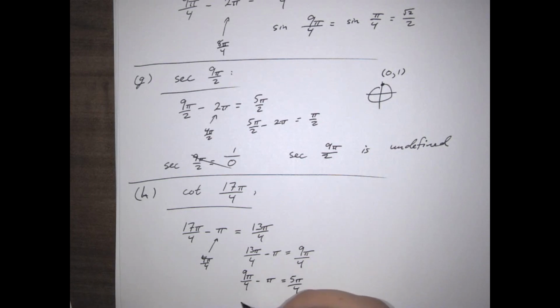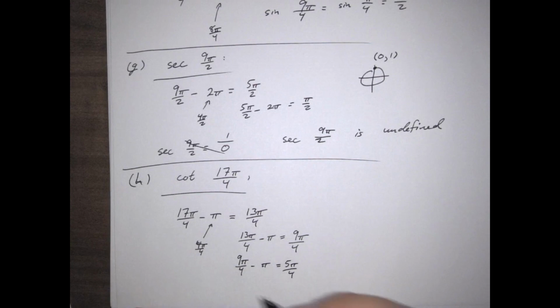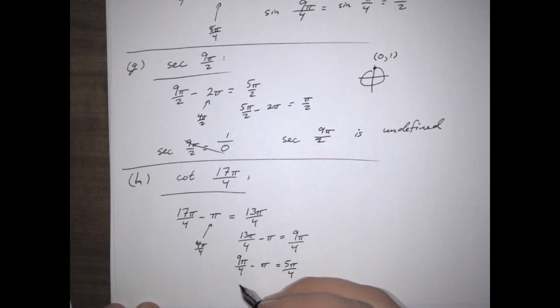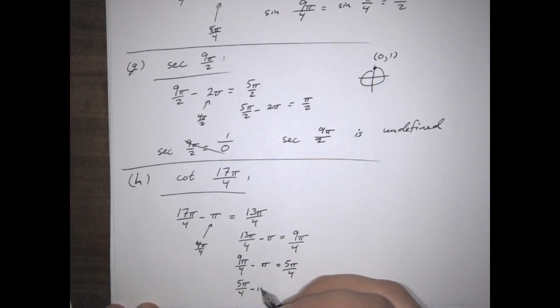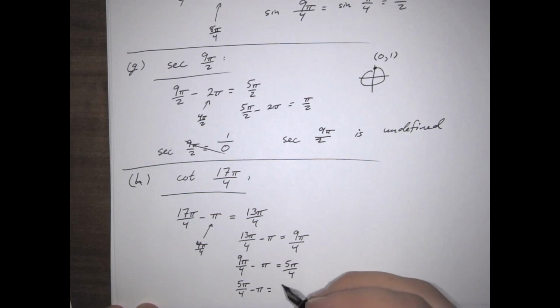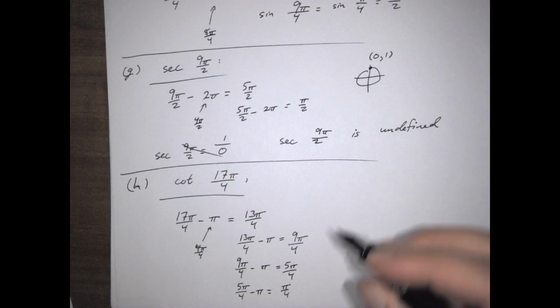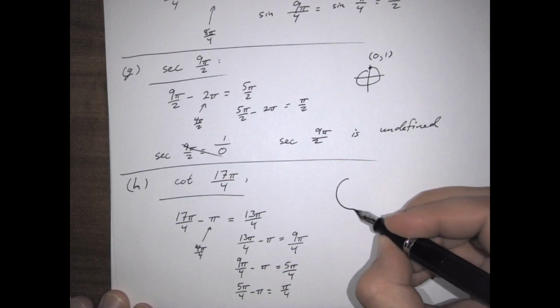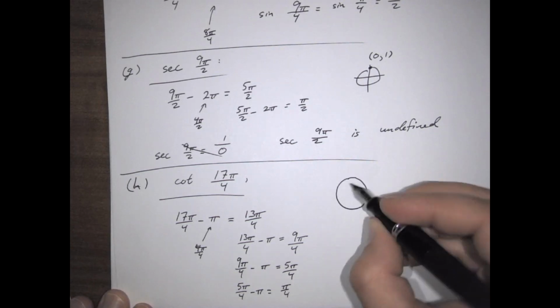But we're just going to use up the last bit of this sheet of paper here by continually subtracting pi. So 5 pi over 4, again minus pi, is equal to just pi over 4. So there we have it. That's the angle we're looking for, pi over 4.